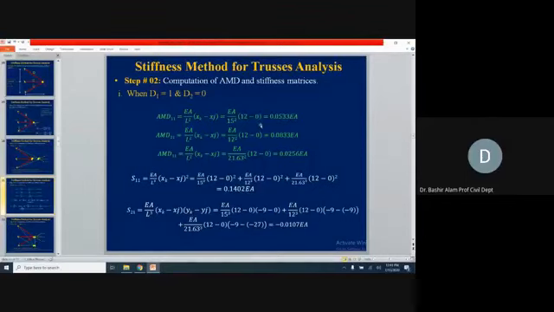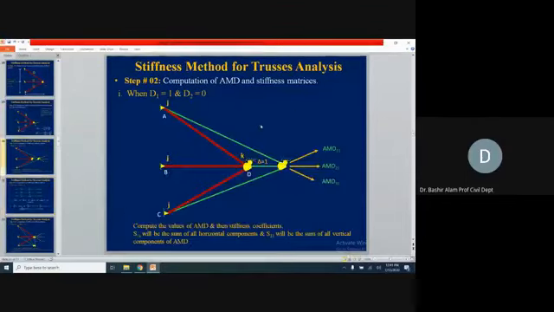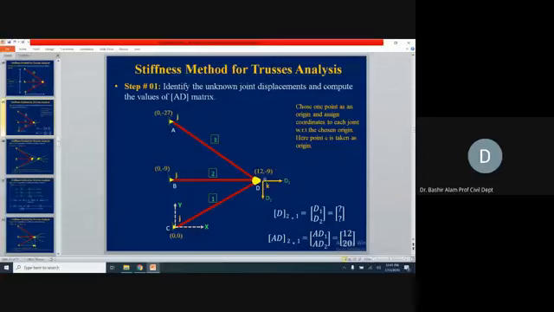How have we fixed this XK and XJ? If we look here, the near end where we are giving the displacement, we call it end K, and the far end we call it J. So this is J of member 1, this is J of member 2, and this is J of member 3.